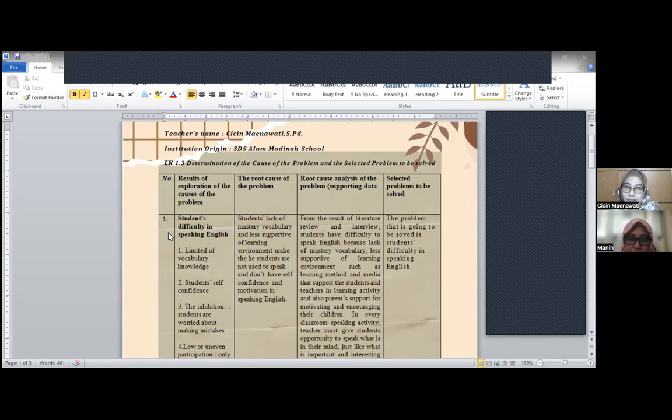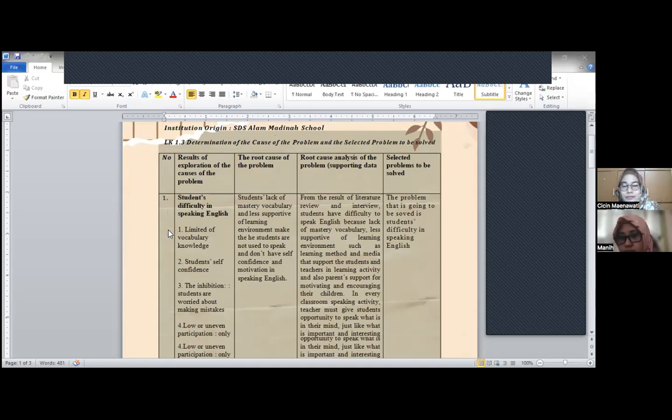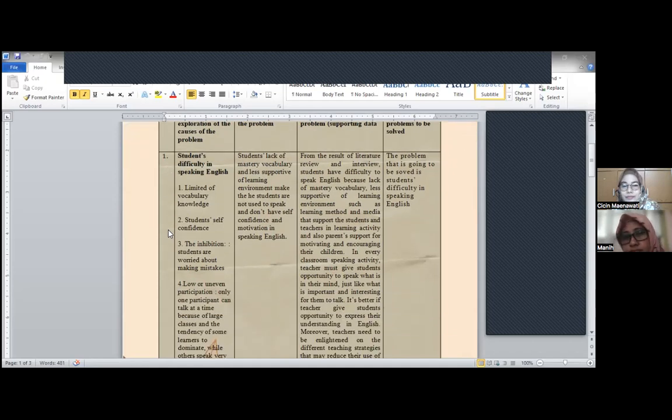Yeah, and then for this selected problem that you're going to solve, it will consist of two problems only. Yeah. Okay. This selected problem to be solved consists of two main problems that you're going to solve.